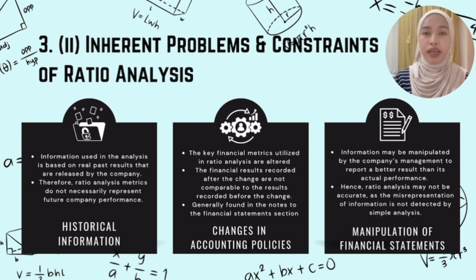For example, ABC Company creates a false sense of improved profitability compared to the original profitability in the first year of calculating ratio analysis. The manipulated revenue figure may lead stakeholders to believe that the company is experiencing rapid and sustainable growth, potentially driving up the stock price. However, the company is actually experiencing a downturn.